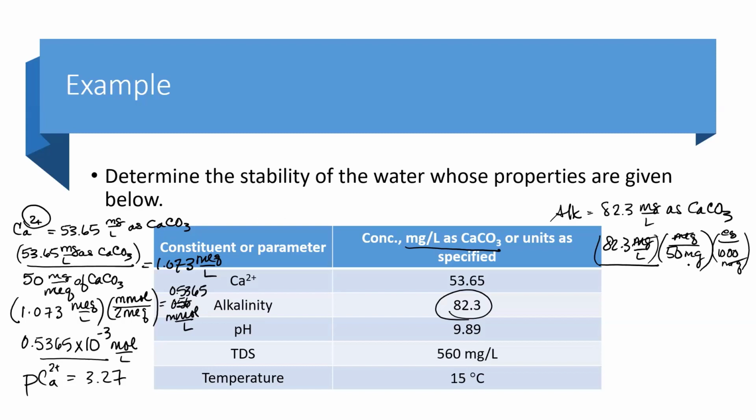Milliequivalents cancel, milligrams cancel. We have equivalents per liter. That is 1.646 times 10 to the minus 3 equivalents per liter. And then p alkalinity is equal to the negative log of this value right here, and that equals 2.784. The C we would get from a table.